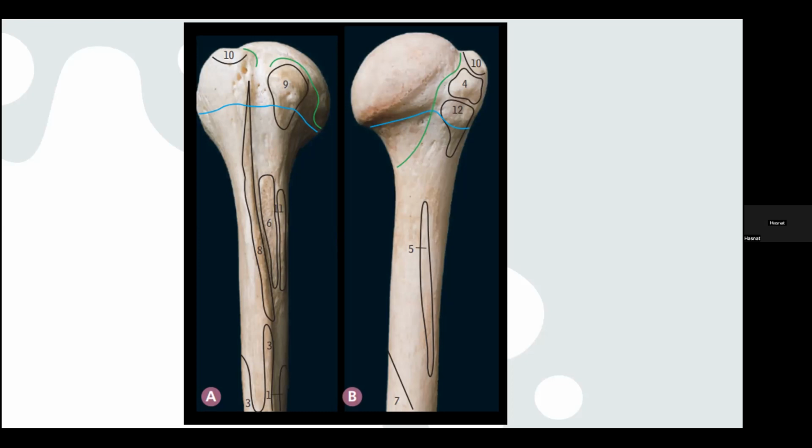So, doctor, can you tell me the content of 6? There will be tendon of long head of biceps. Tendon of long head. Anything you want to add? Really, I can't remember at this time.